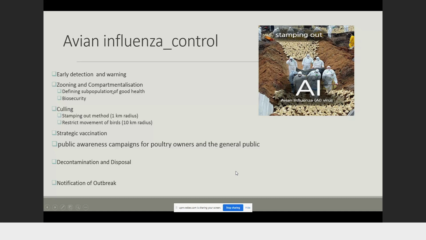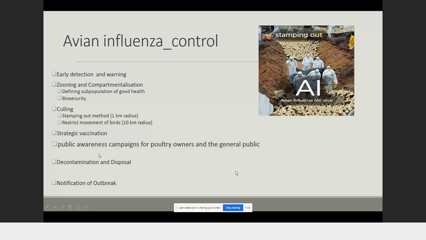In the case where you encounter outbreaks, zoning and compartmentalization need to be carried out, culling or stamping out, restriction of movement, and strategic vaccination is also done in an area where outbreaks happen. Public awareness campaign is also crucial. Remember, class, one of the tasks that I gave you for task 2 is to do a public awareness campaign for zoonotic virus.